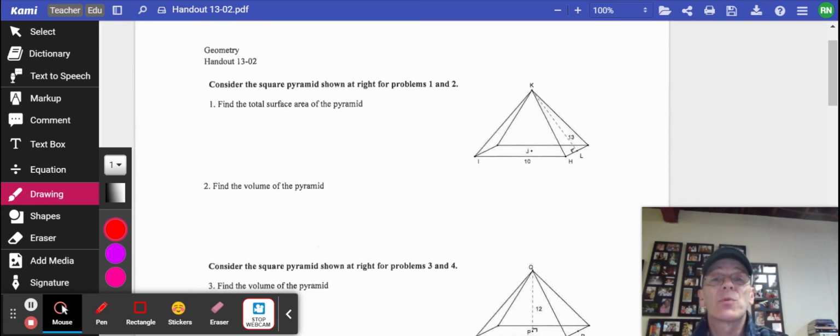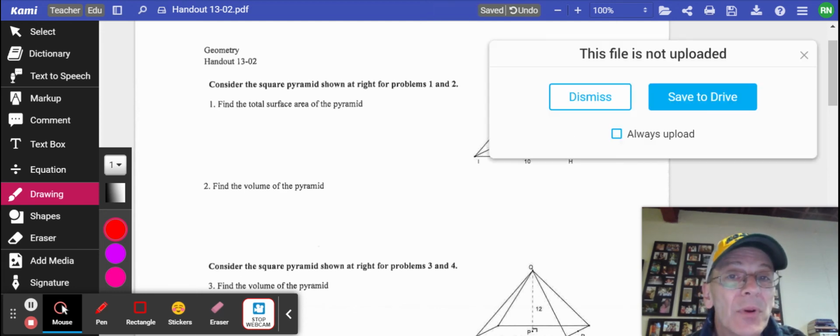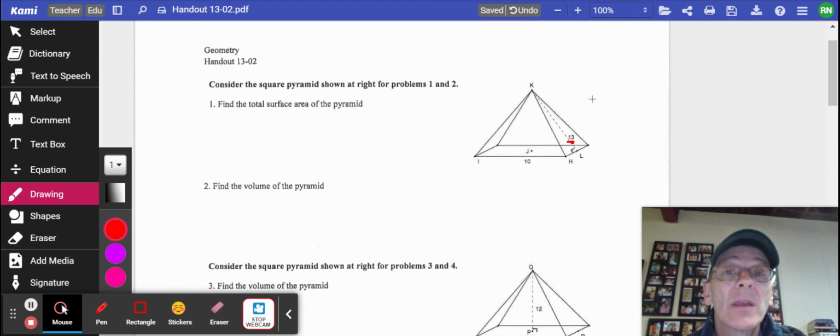All right, problems 1 and 2 concern this pyramid here. I'm asking you to find the total surface area and the volume. Now, notice this 13 over here, that's the lateral height of the pyramid. That's the lateral height of the pyramid. And you need that lateral height to find the surface area, okay?